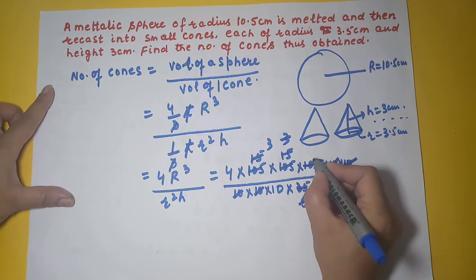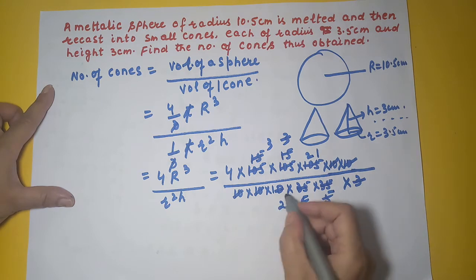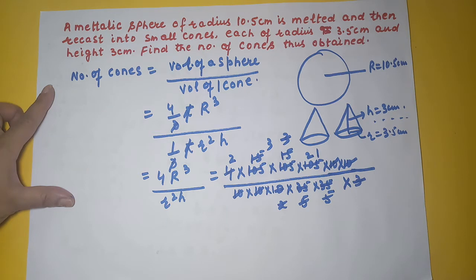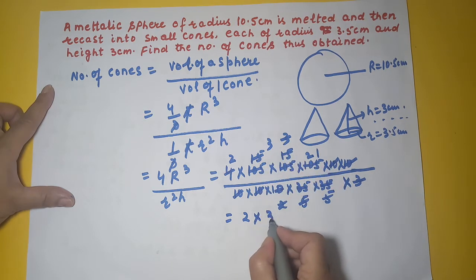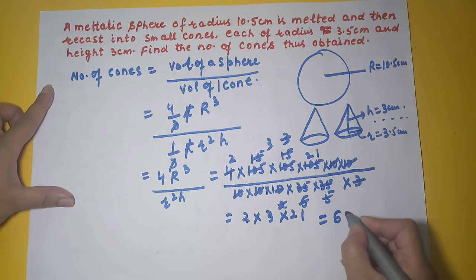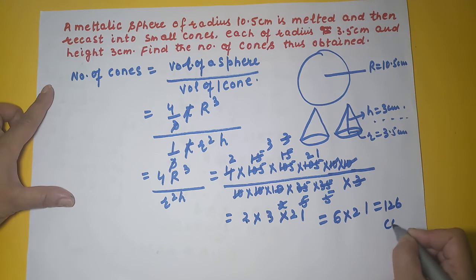Now 5 twos are 10. Let me check what is left: 1 2 is left, 1 3 is left, and 1 21 is left. 3 twos are 6. So finally I am left with 6 into 21, which is equal to 126 cones.